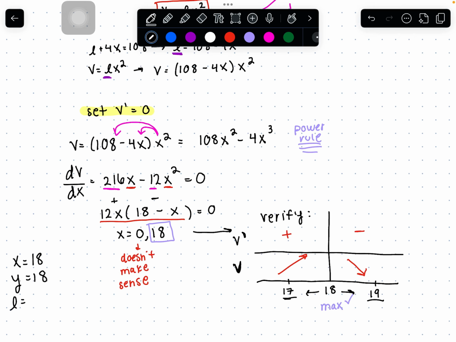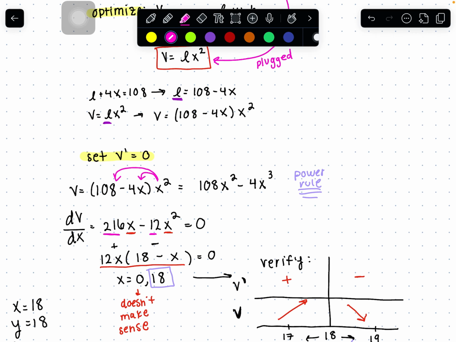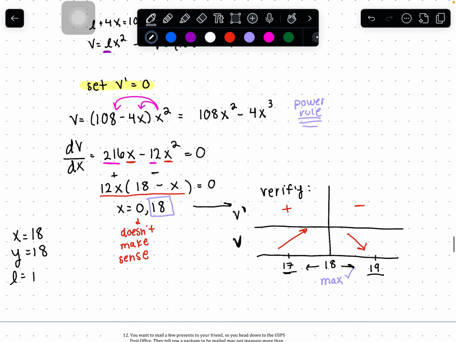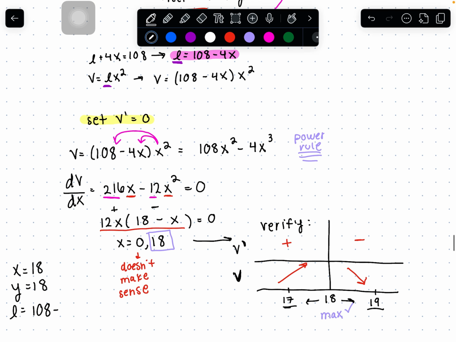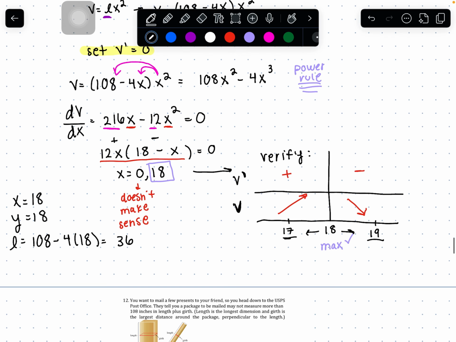All right, we need L. Well, good news is I have an equation to give me L if I have X. So L is going to be 108 minus 4 times 18, which I believe is equal to 36.